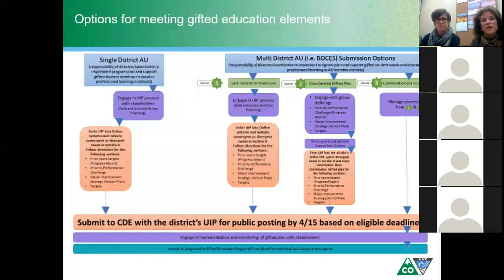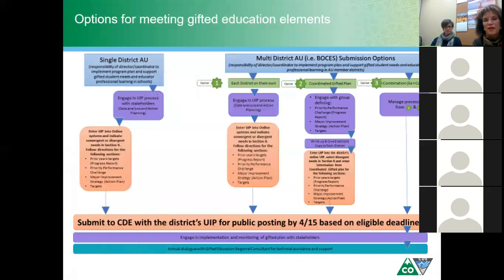If you are a single district AU, then yes, we are encouraging knowing what the partnership is, and how communication about data analysis and targets and all that is being shared.